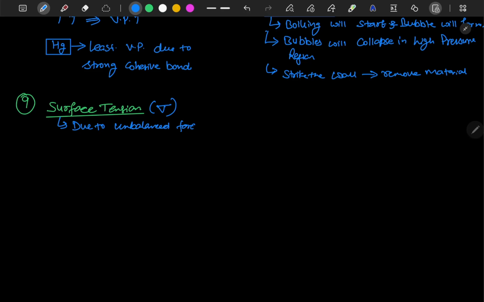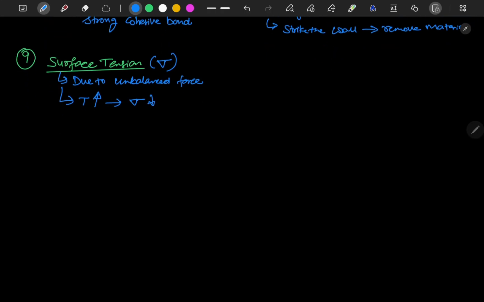Okay, and with increase in temperature, surface tension decreases. At the critical point, surface tension is equal to 0.